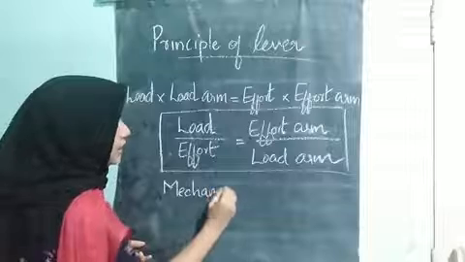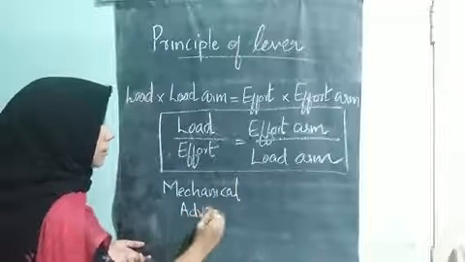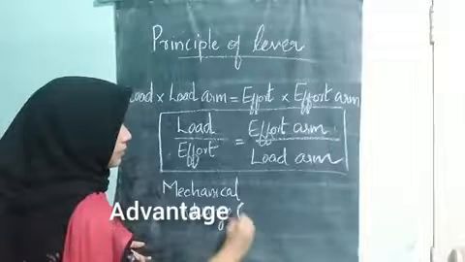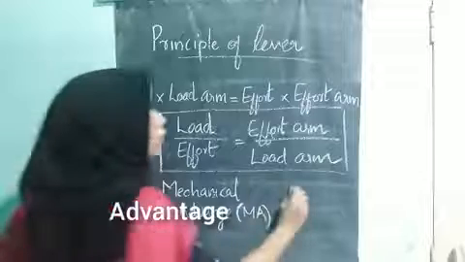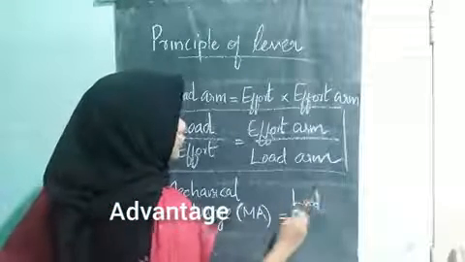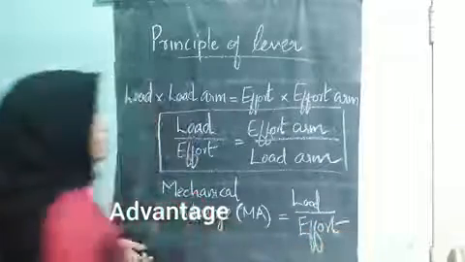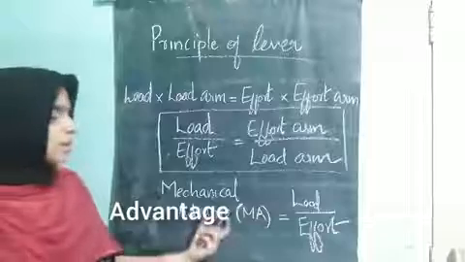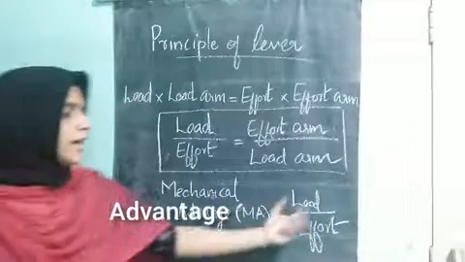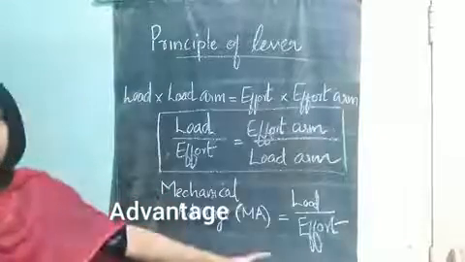So I can write mechanical advantage or MA equal to load by effort. So what is mechanical advantage? The ratio between load and effort we call mechanical advantage, and that is equal to load by effort.